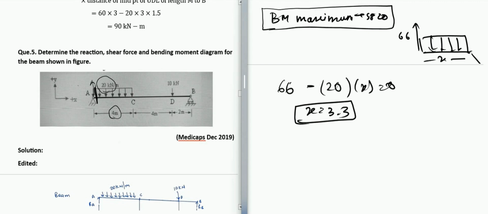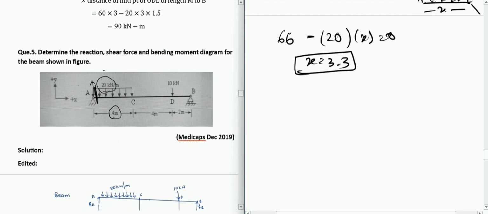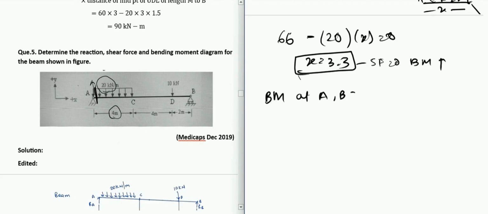So you need to calculate bending moment at that point also, because you know that it will be maximum at this point. At this point the shear force is going to 0, which means the bending moment will be maximum. So let us calculate bending moment at every point now. The bending moment at A and B will be 0, because again of the equilibrium condition there.